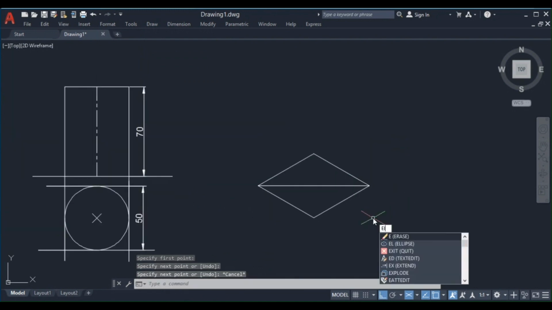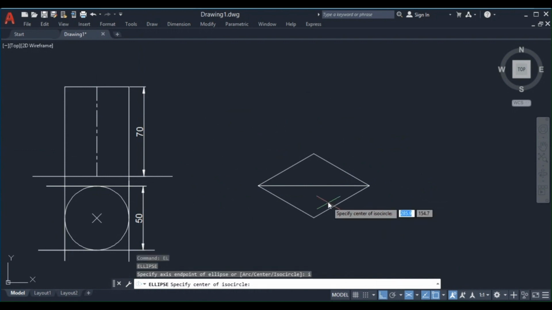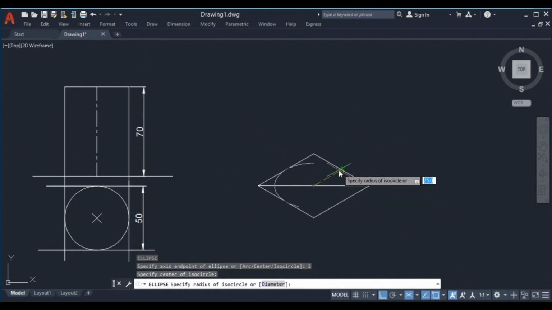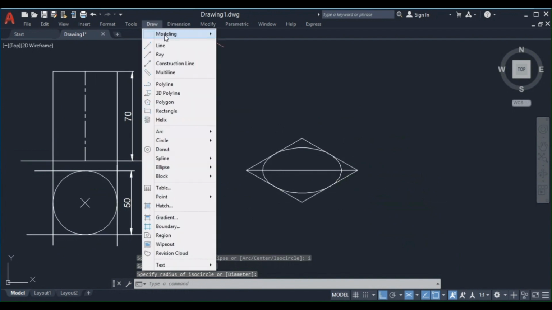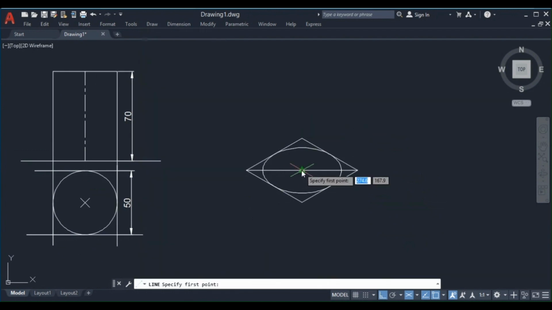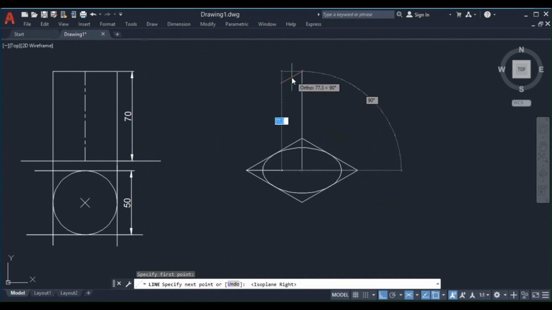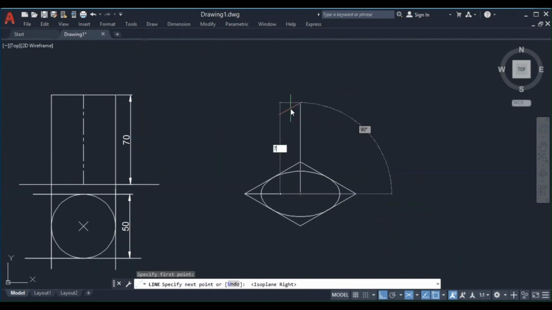So press EL, press I, enter. First draw the ellipse just like the previous method. Now what is the axis height? 70 mm long. Press F5, 70.